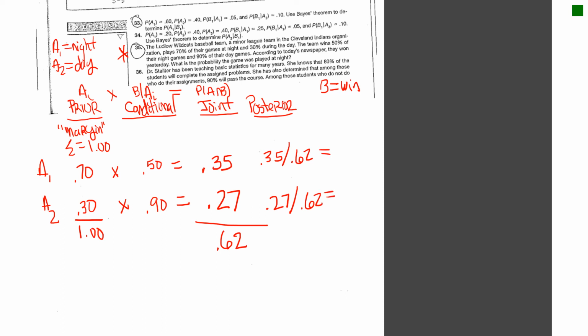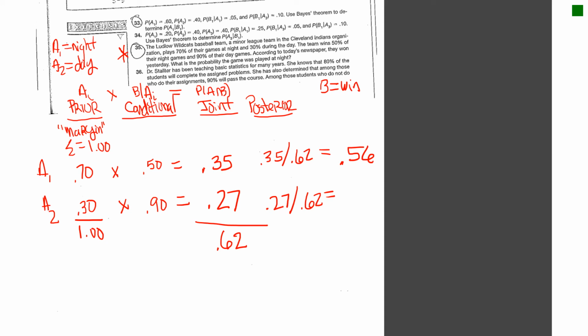You can typically just take these out to 2 decimals. So 0.35 divided by 0.62 is approximately 0.56. And if you take 0.27 and divide that by 0.62, you're going to get about 0.44.